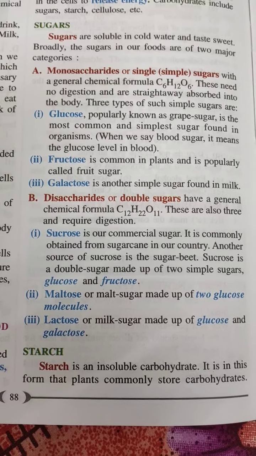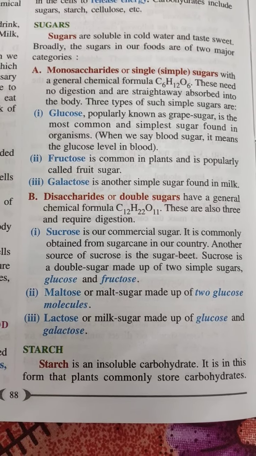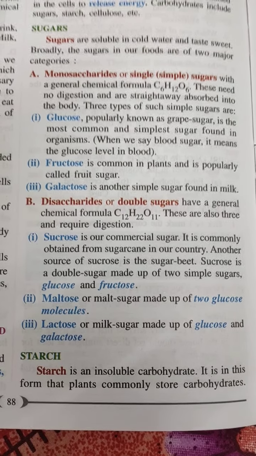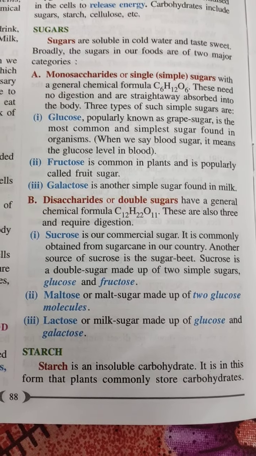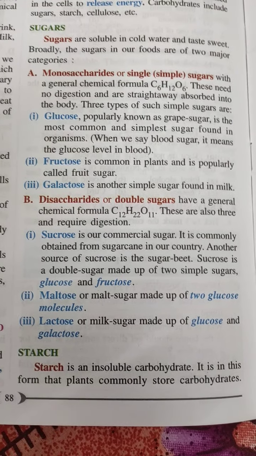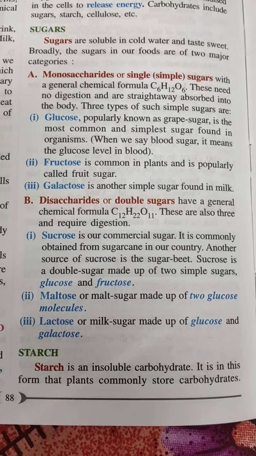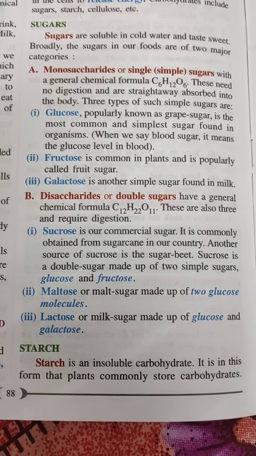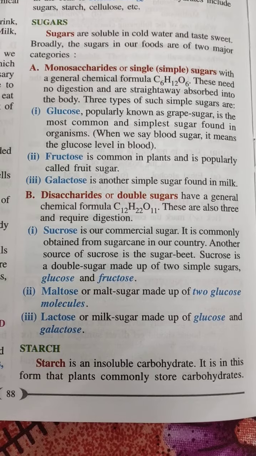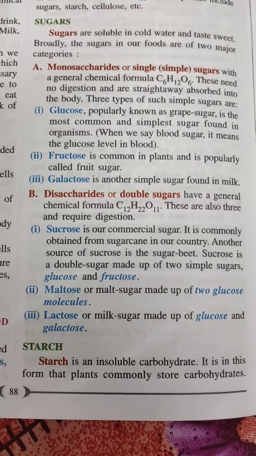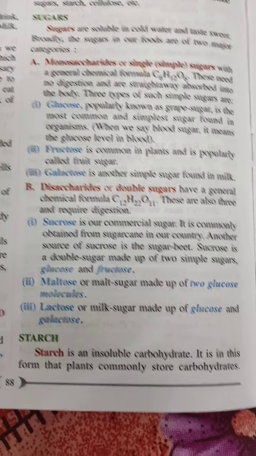Now, sucrose is the commercial sugar which we get from the sugar beet or the sugar cane. It is a double sugar made up of glucose and fructose. Maltose, we get it in the malt sugar made up of two glucose molecules. And lactose is a milk sugar made up of glucose and galactose. Because they are double sugars, they consist of two simple sugars.